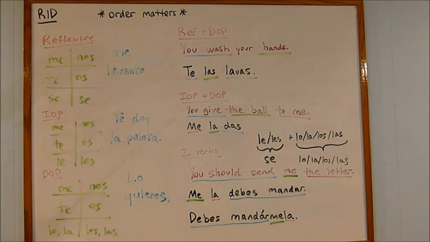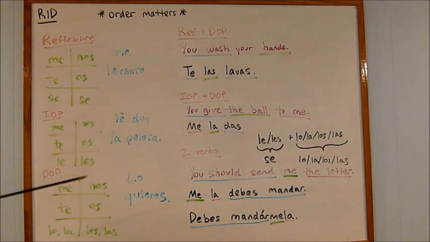Because in this sentence, I'm not giving you away, I'm giving the ball to you. So through the act of giving the ball, you are indirectly affected because you are the receiver of that ball.